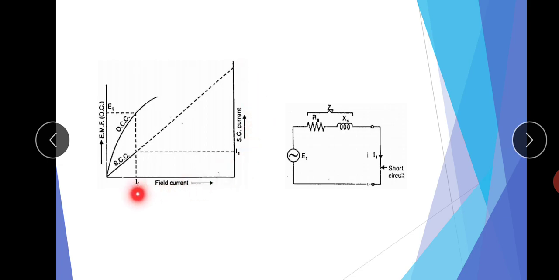We consider a value IF. At this value we have a voltage denoted E1, which is the open circuit voltage. At this value we have a current value, the short circuit current IS.